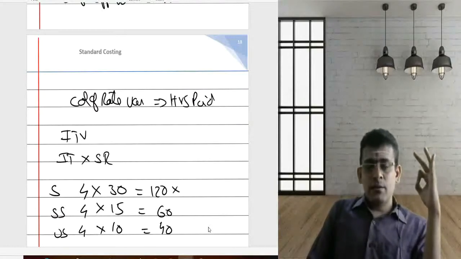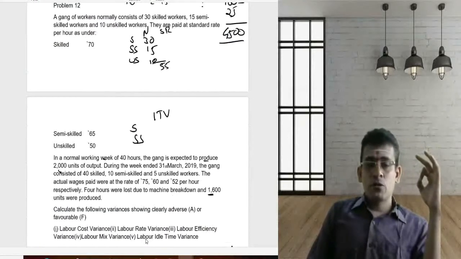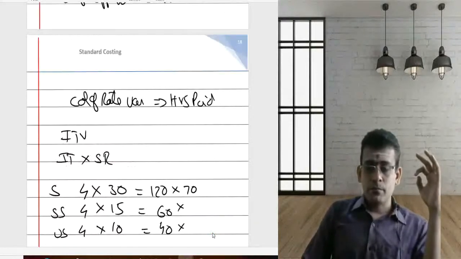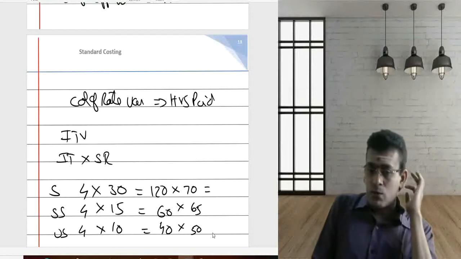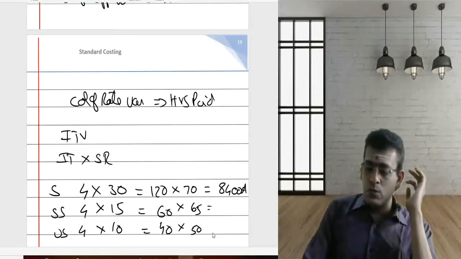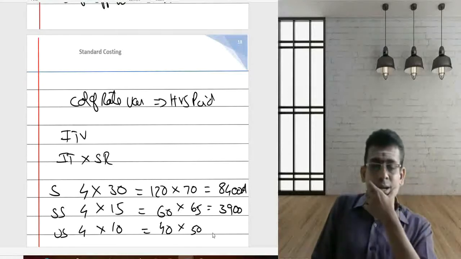So this idle time should be multiplied with the standard rate. What is the standard rate? The problem gives you a standard rate of 70, 65 and 50. So 70 into 120, you are getting 8,400 adverse. 60 into 65, you are getting 3,900 adverse.